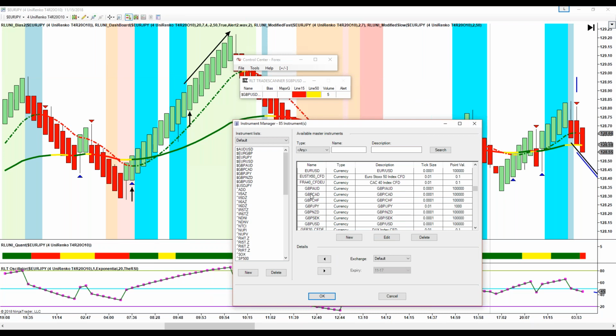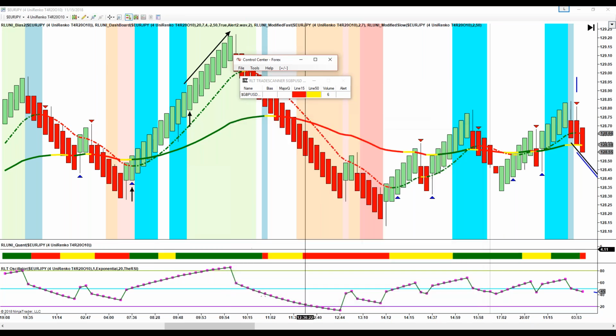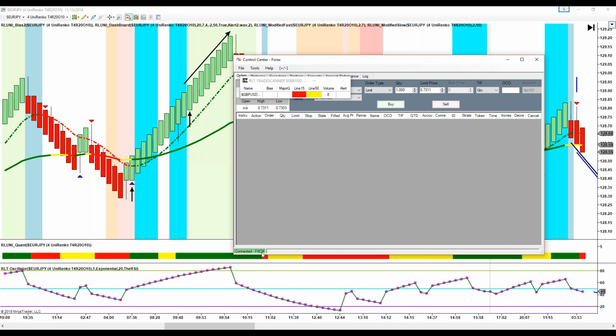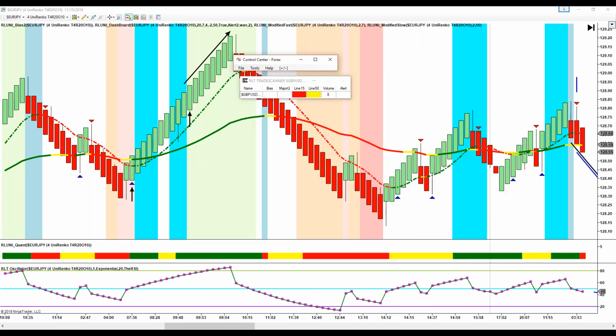You see, here's the pound dollar. Now, you won't have these unless you have a Forex feed. And if you look at my NinjaTrader here, I'm on FXCM, and that's what's giving them to me. But we'll get you a data feed.